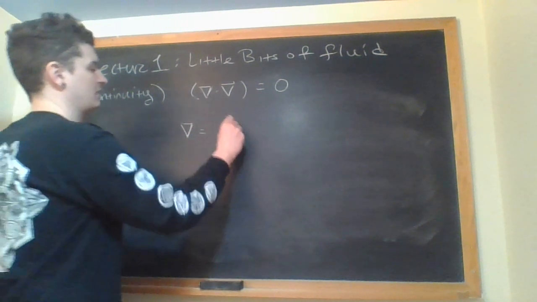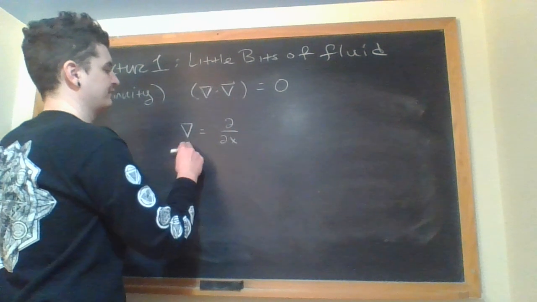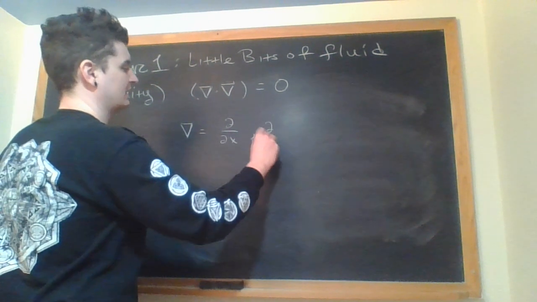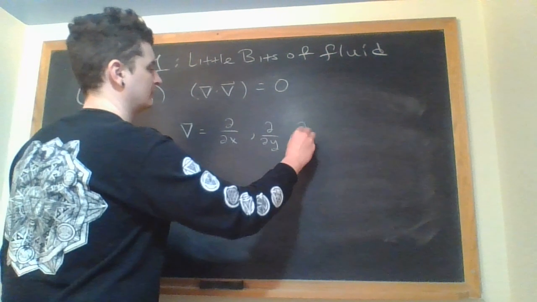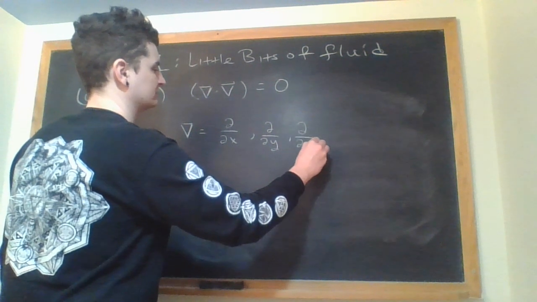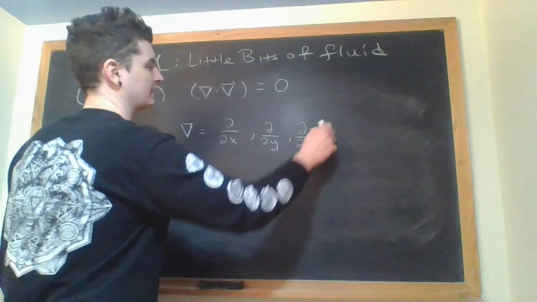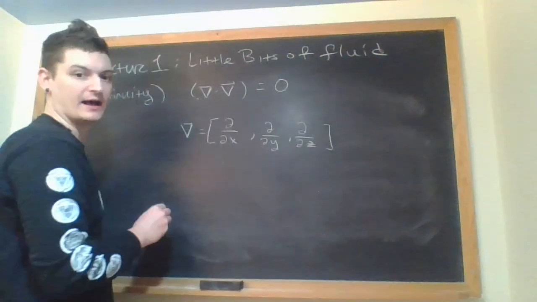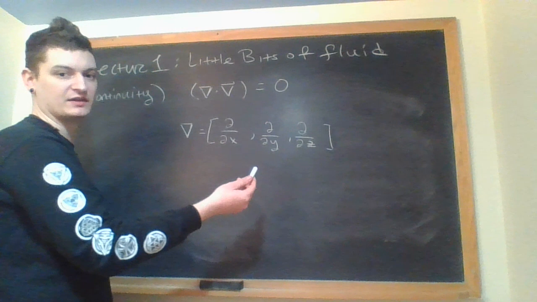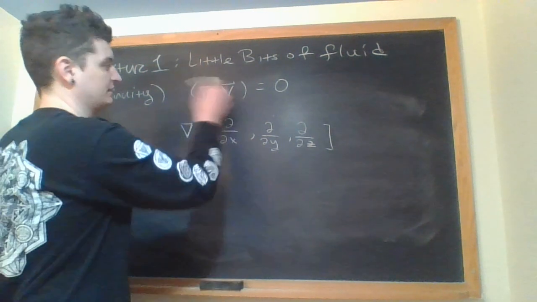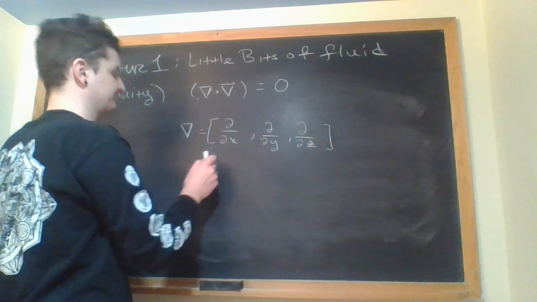I hope we all remember that this vector operator is, think of it as a vector of partial derivatives. A dot product creates a summation of terms. So it's a dot product with a vector.